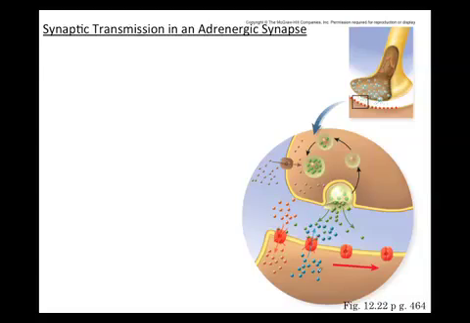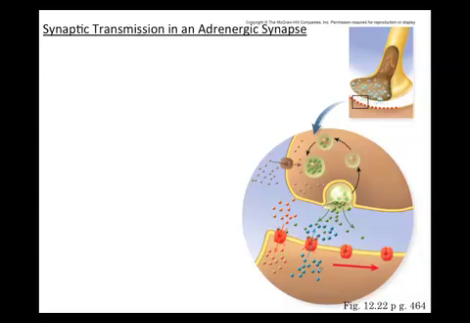I remember reading that it had to do with like the face or something. It seems to manifest itself a lot in the face, like the droopy eye, but this happens all over the body. Every single skeletal muscle cell relies on an excitatory cholinergic synapse, and it also happens in the autonomic nervous system, specifically the parasympathetic.